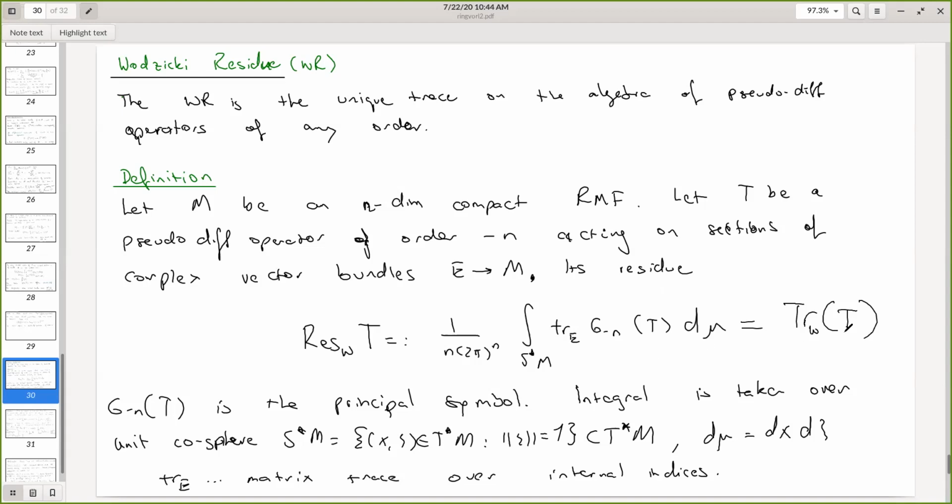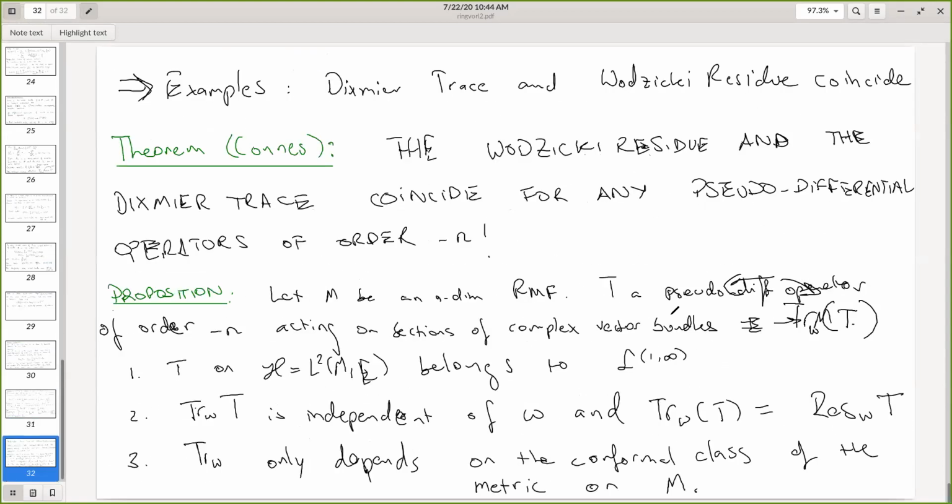Given an operator, I can calculate its Dixmier trace. I know the Dixmier trace corresponds to the Wodzicki residue, and thus in this corner of the world I just have the operator, the algebra, and the eigenvalues. This is purely algebraic and functional analysis. On the other side, I have geometry, and this is an important point.